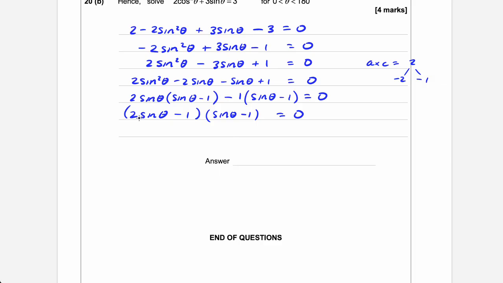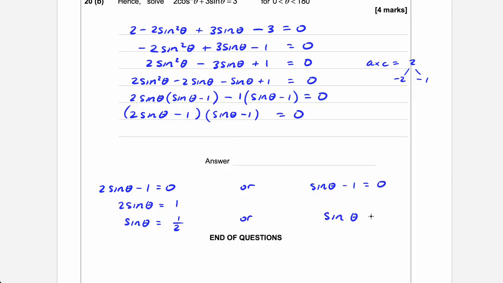So this means that 2 sine theta minus 1 equals 0, or sine theta minus 1 equals 0. 2 sine theta equals 1, and sine theta equals a half, or sine theta equals 1.